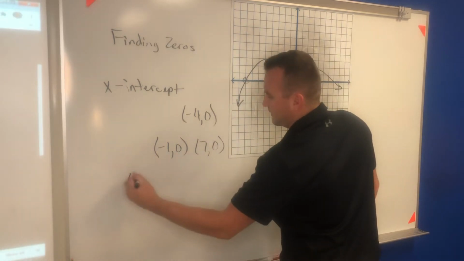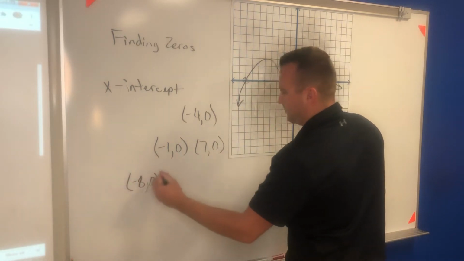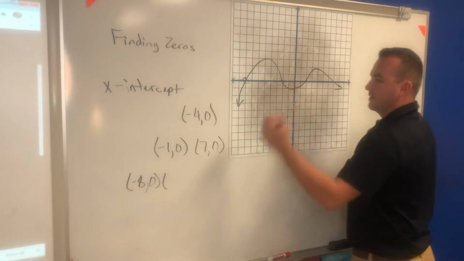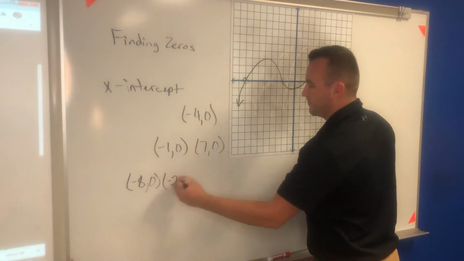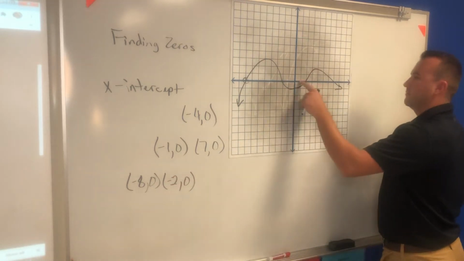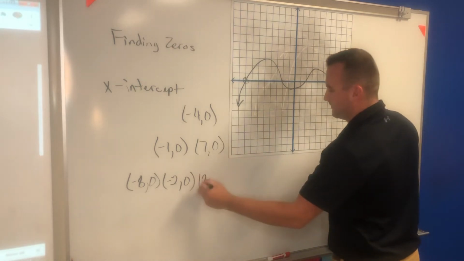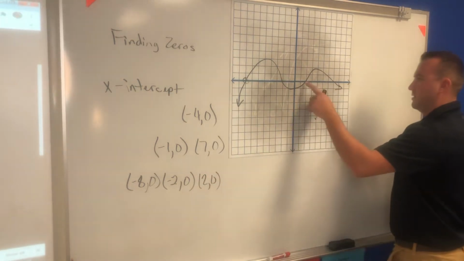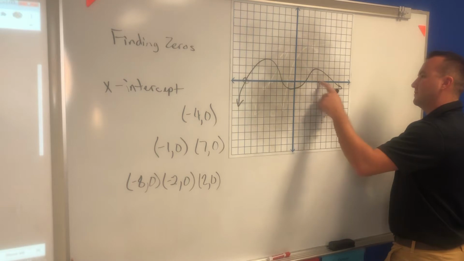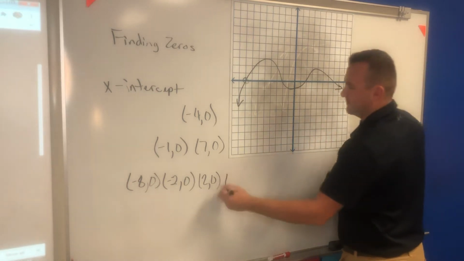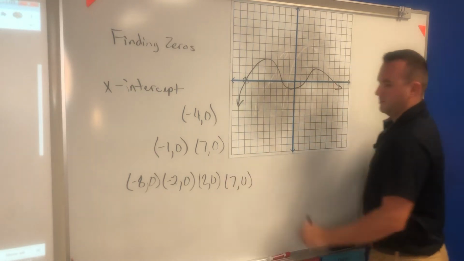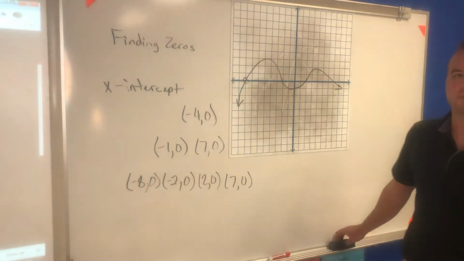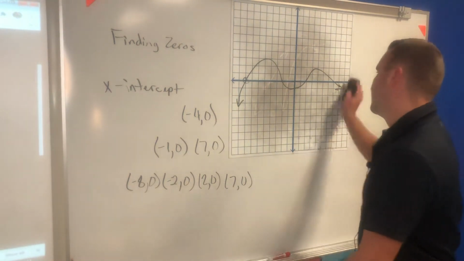So -8, 0, -2, 0, 2, 0, and 2, 3, 4, 5, 6, 7, 7, 0. Okay. Now, with graphing, it's that easy.